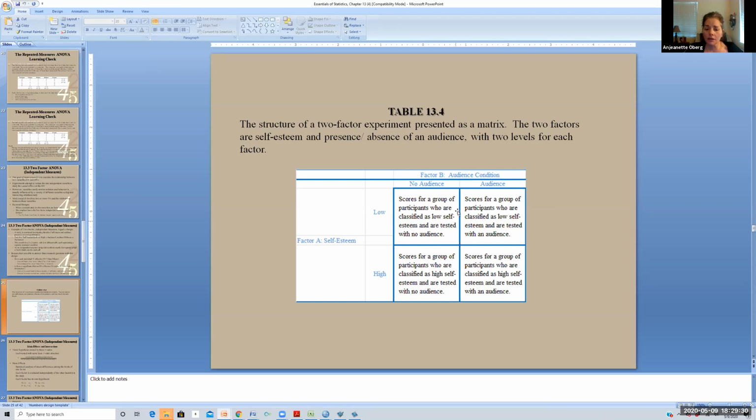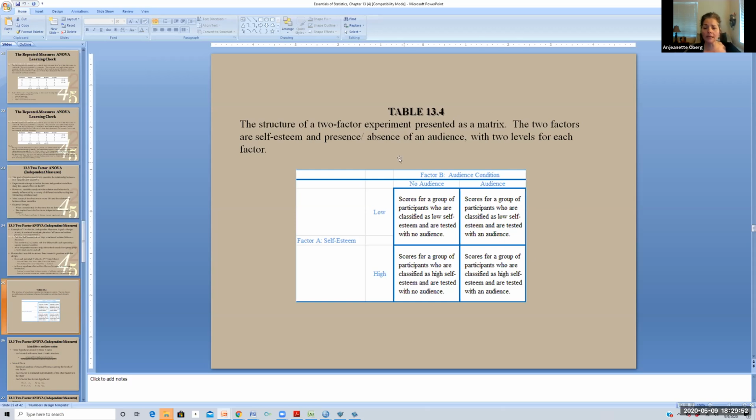So the scores that you put here are going to be individuals with low self-esteem in the no audience condition. Over here, it's going to be low self-esteem with an audience. Over here, it's going to be high self-esteem, no audience, and then high self-esteem with audience, okay?